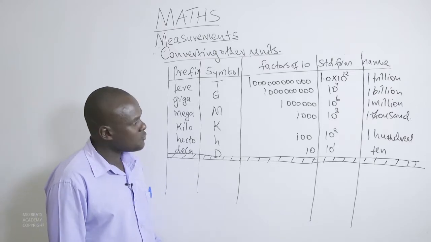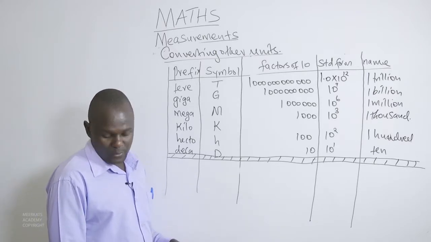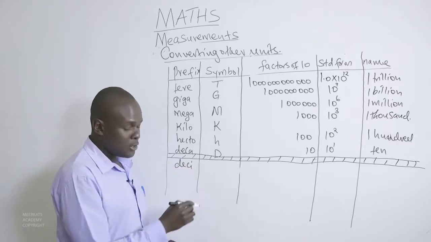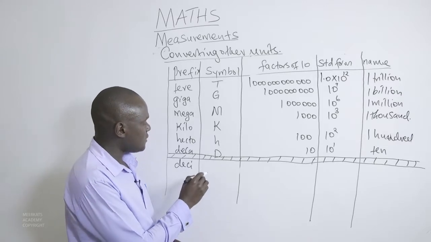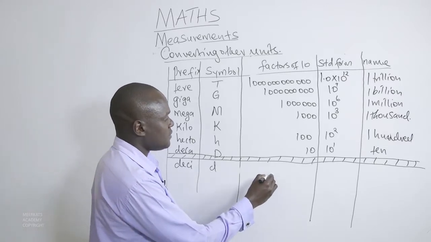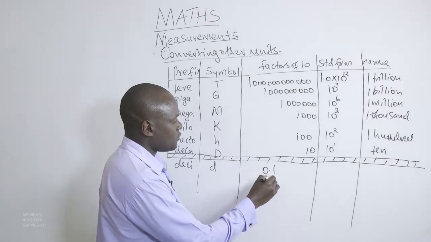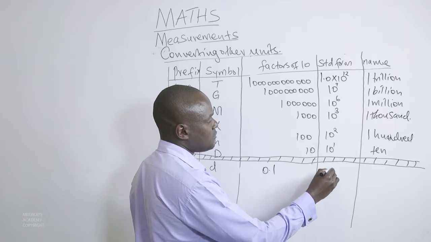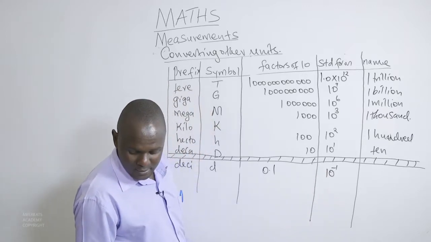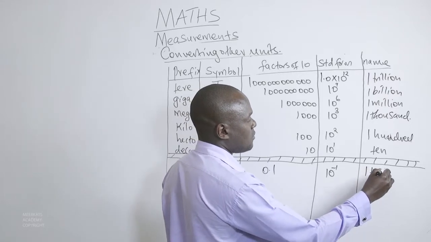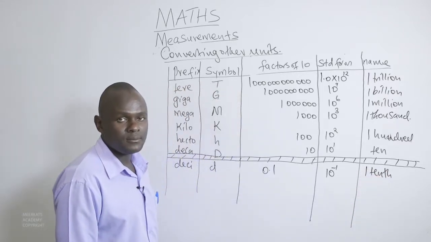This one does not start with ones, it starts with deci. Take note of that. Deci is denoted by the letter d, and this means 0.1. This is expressed as 10 raised to power negative 1, and it is 1/10.